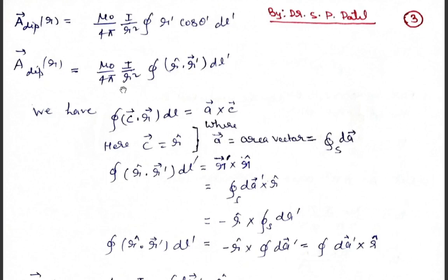Now in order to explore further possibilities of this magnetic vector potential, again we have to go back to Griffiths' first chapter.